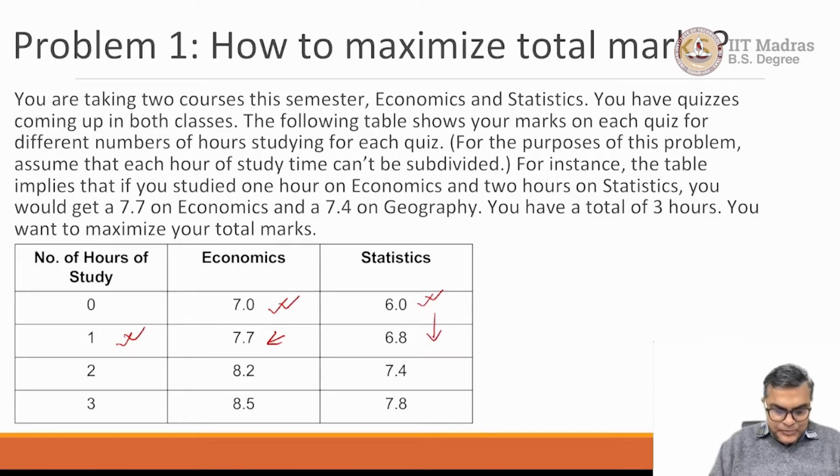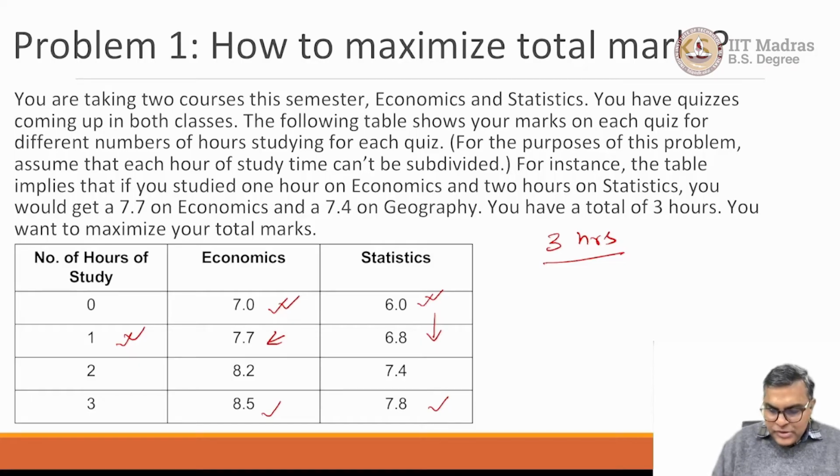So there is an increase from 7 to 7.7, and if you study statistics for 1 hour, you will get 6.8 marks. You have to be a little bit careful, because you cannot study, let us say, 3 hours of economics and 3 hours of statistics, because total hours given to you is 3 hours. So of course there are two ways to solve the problem.